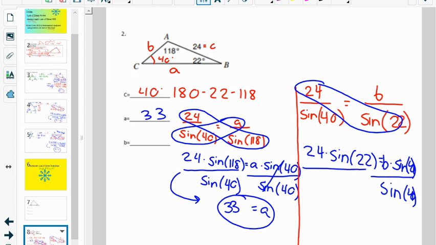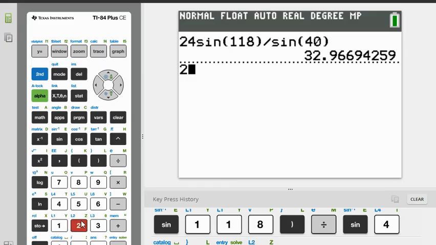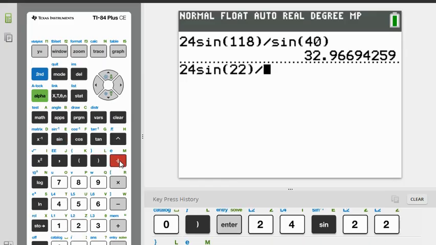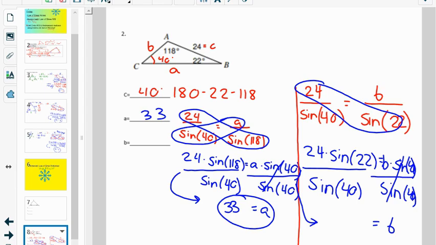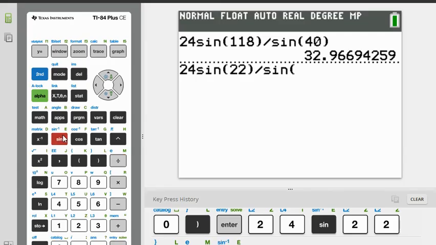Kind of ran out of space there. equals B. And then you can type that in your calculator to see what B is going to be. 24 sine of 22 divided by sine of 40.